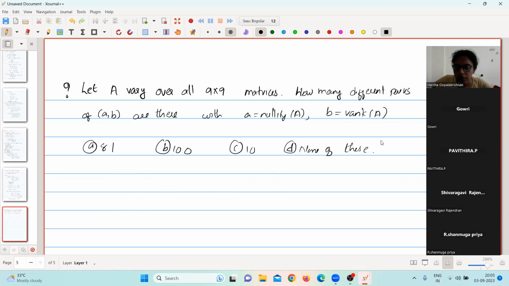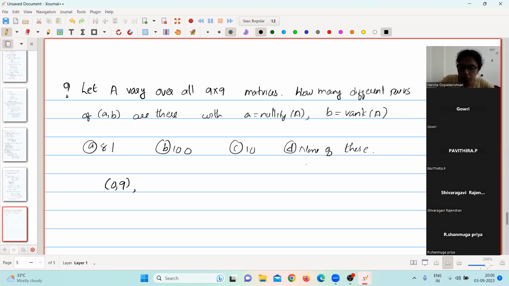So if rank is 9, what can be the nullity? 0, because the total is 9 only. So one possibility is A is nullity and B is rank, meaning 0, 9: 0 is the nullity, 9 is the rank.